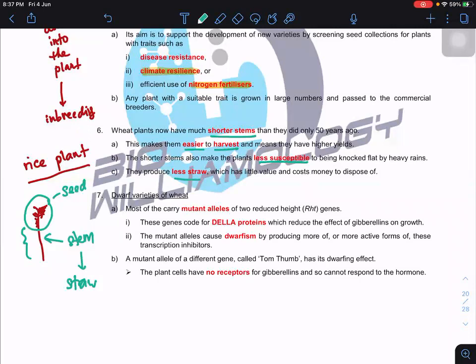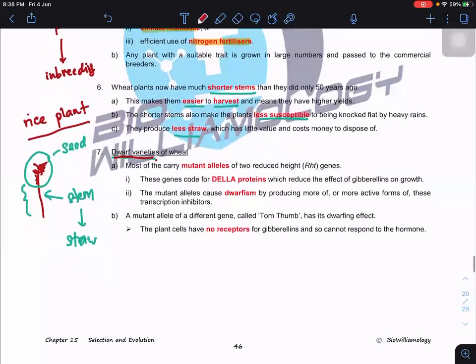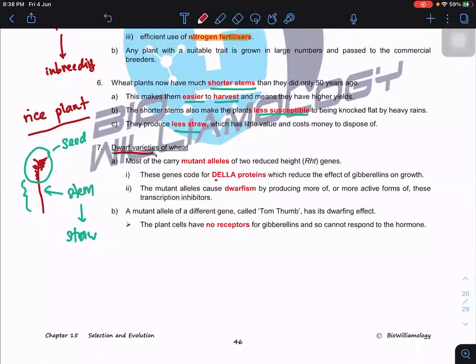So how can we do this to the wheat and the rice? We use gene tech to introduce what we call the dwarf variety. Again, this involves the DELLA proteins that we have learned. This mutant allele carries the gene coding for DELLA protein, so as to reduce the effect of the gibberellin on growth. How does this work? We know the function of DELLA protein. We learned about this DELLA protein.